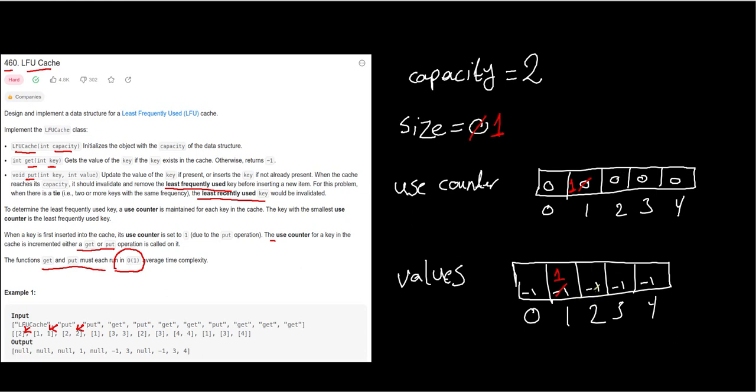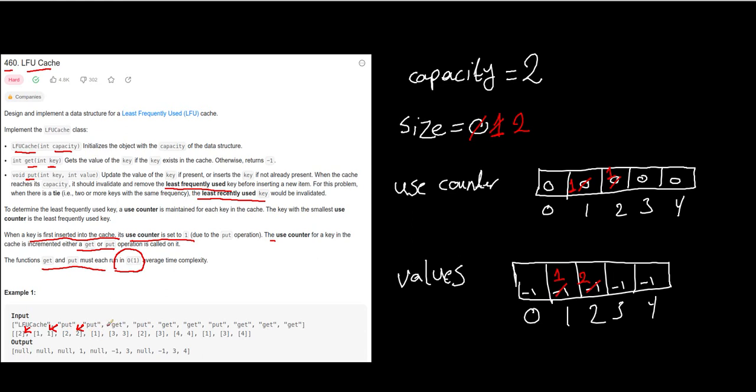So we can now insert key 2, assign it the value 2, and increase the counter to 1, because when a key is first inserted into the cache, its use counter is set to 1 due to the put operation. And until now 2 keys are inserted, key 1 and 2.